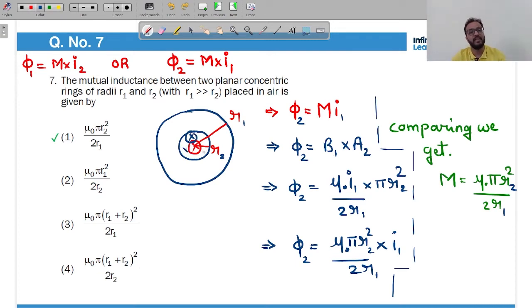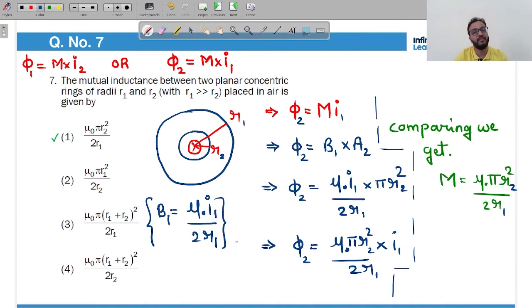So the magnetic field due to the larger coil is mu naught I1 upon 2R1. This we know already, so we can find the flux through the second coil. That means we will go with the formula phi 2 is equal to M I1. Why? Because we can easily find out the flux through the second coil, because we know the magnetic field due to the larger coil at its center, right?